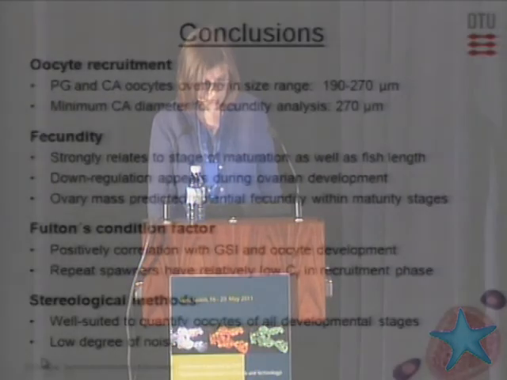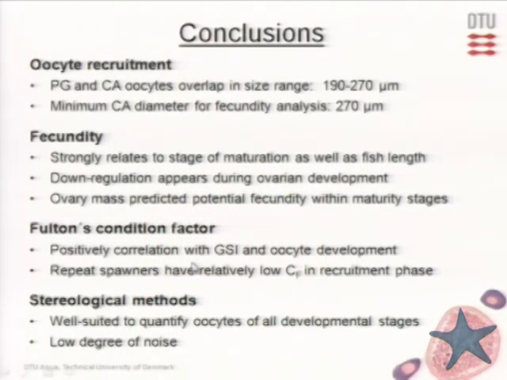And what we experienced was that the ovary mass, where did that actually go, that picture? Predicted potential fecundity within the maturity stages. The Fulton condition factor was positively correlated with GSI and oocyte development, and repeat spawners had a relatively low condition factor in the recruitment phase, which might indicate that they were skip spawning stages.